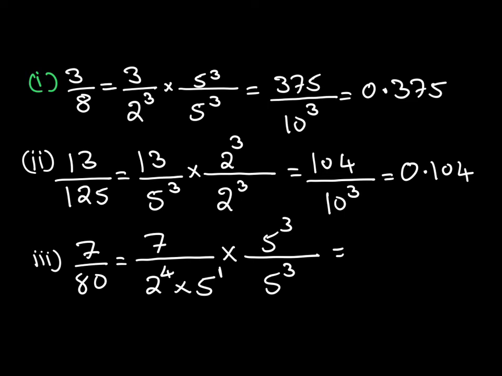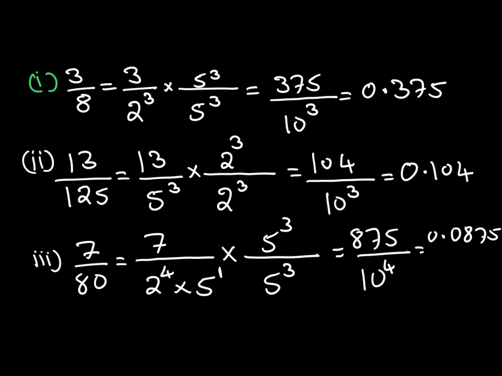So 7 times 5 to the power 3 is 875. And the denominator now is 2 to the power 4 times 5 to the power 4, which is 10 to the power 4. The decimal expansion of that will be 0.0875.